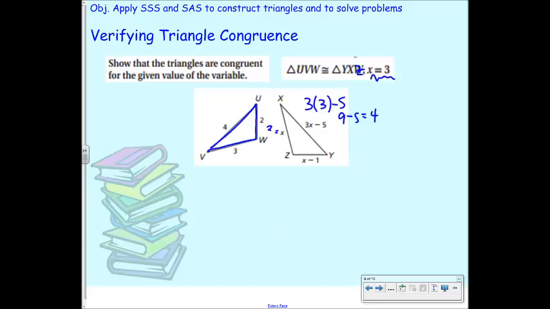And then here I plug in x, and that's equal to 2. So in this triangle, the side lengths are 3, 2, and 4, which are the same as the ones in the triangle on the left. So I can say that, yes, these are congruent using side, side, side. So we verified that those were congruent.